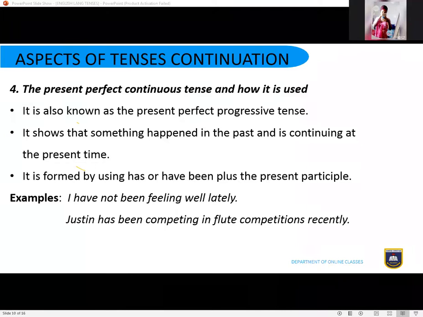So we have three aspects under tenses, and these three aspects are the present tense, the second aspect is the past tense, and the third aspect is the future time or tense. Do you have that? So you need to arrange them this way. Otherwise, you will not understand anything.